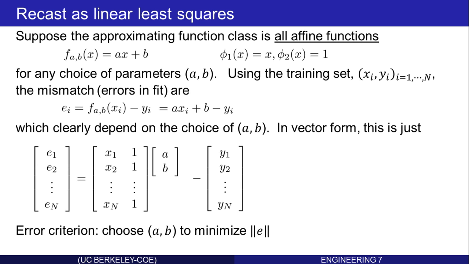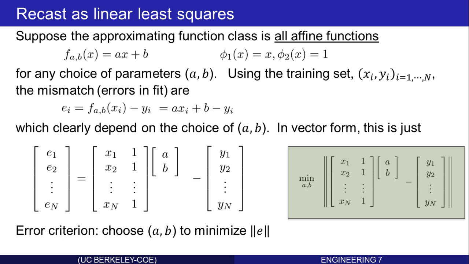Since we're using the squared error criterion, the goal is simply to choose a and b to minimize the norm of e. Remember, the norm of e is the square root of the sum of the squares of all the entries of a vector. Consequently, the regression problem looks like this minimization. Minimize over the parameters. In least squares, we'd call that x.